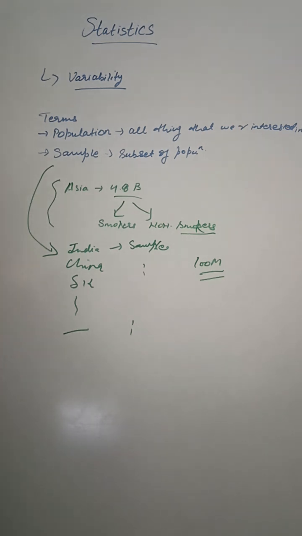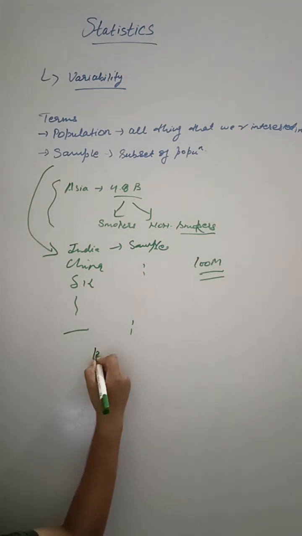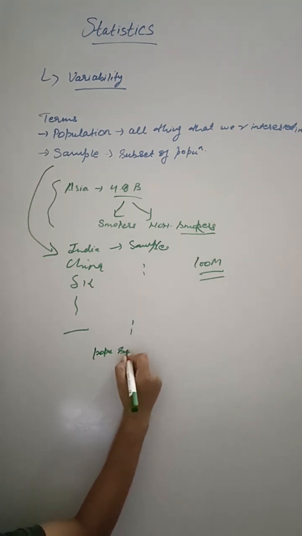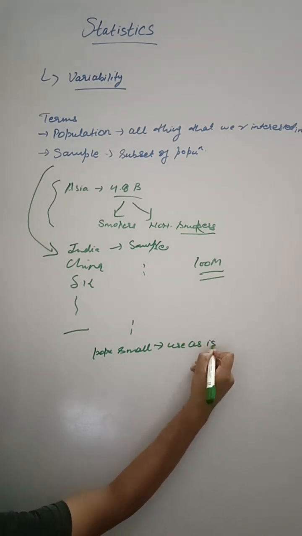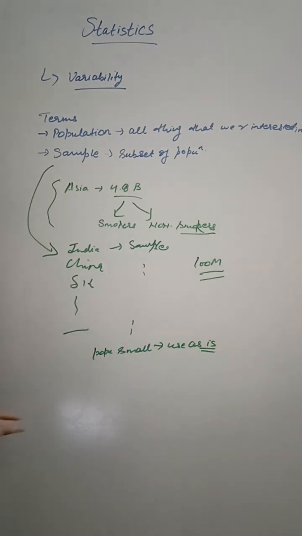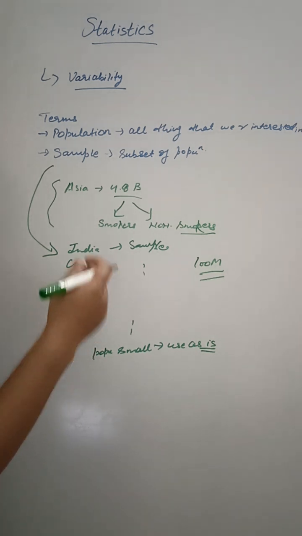When your population is small, use it as is. For instance, if you're doing some survey in a college, with 500,000 students or whatever, in that case there is no need to go for a sample, because a sample is an estimate, it is not the true value.